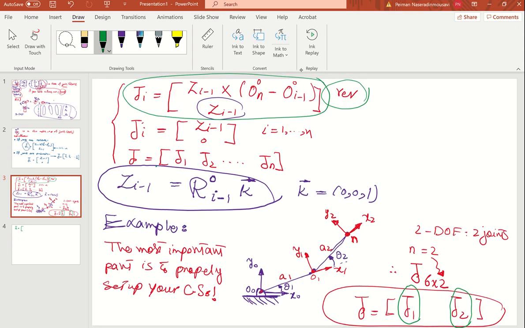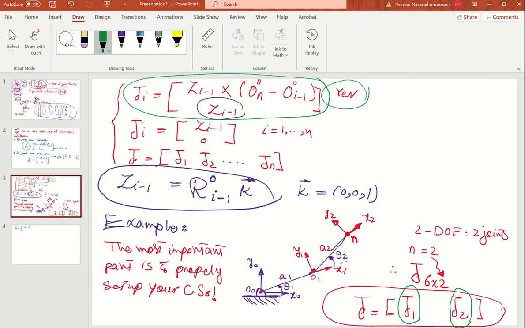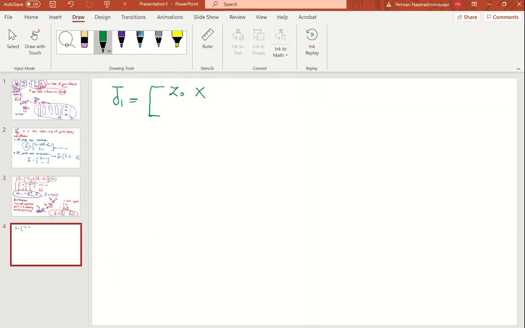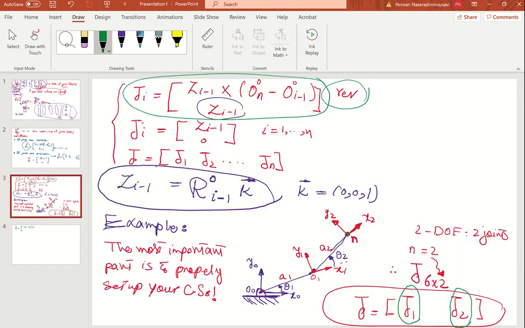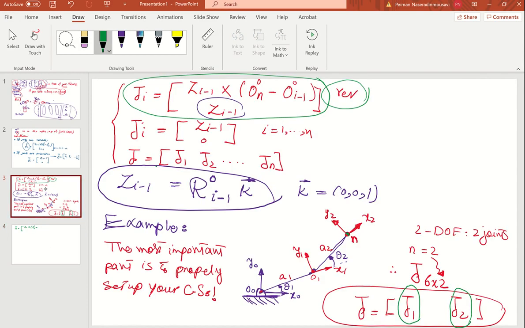So J1 is going to be z i minus 1, which is z naught, cross product of O of what? O of 2, the end effector here. That's right, O2, because we assigned coordinate system number 2 here. That's right, O2 with respect to the base minus O i minus 1. i was 1, so it's going to be 0.